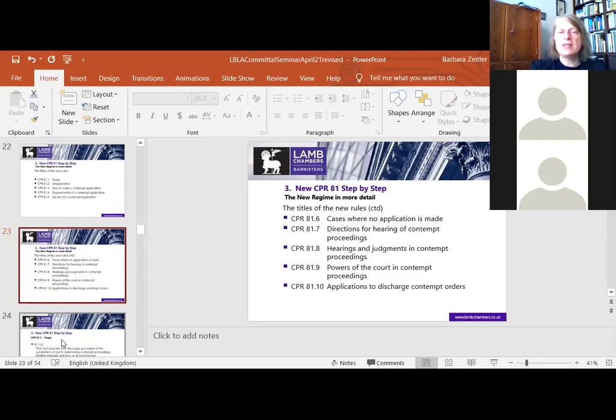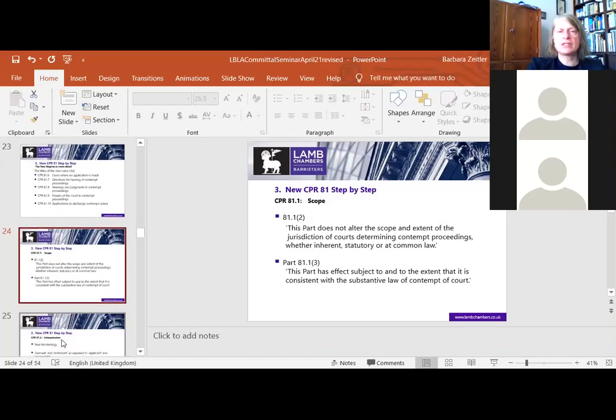Perhaps the rules to be particularly aware of are what happens during hearings, and that's CPR 81.8, sorry, and the powers of the court under 81.9.